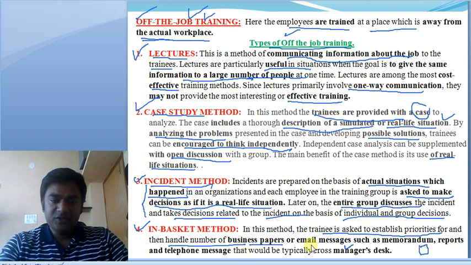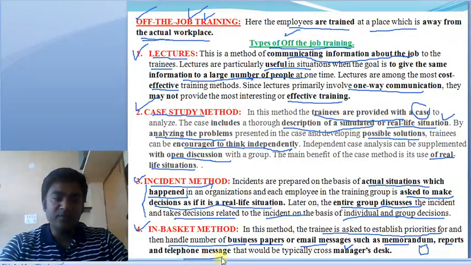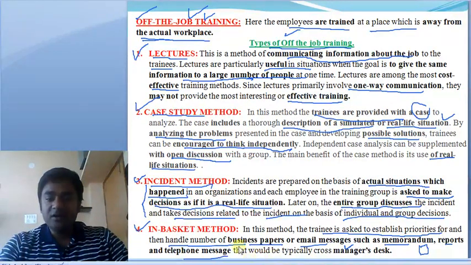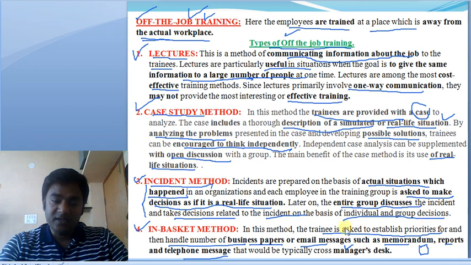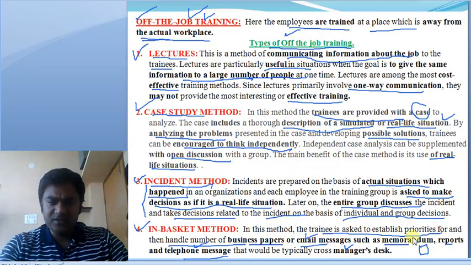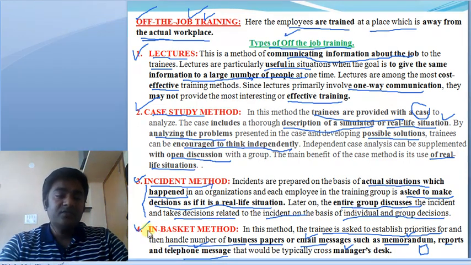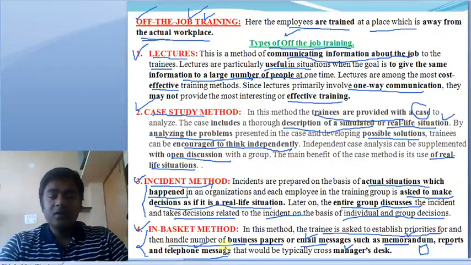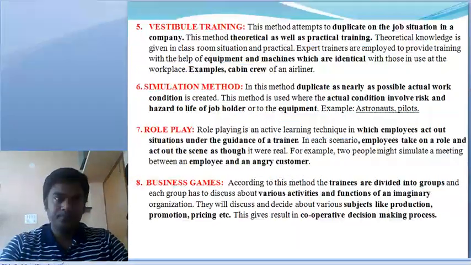There the business papers, email messages, memorandums, reports, and telephone messages are given to the trainee. The trainee has to prioritize whether he should answer the telephone, or reply to the email message, or go through the memorandum. In this way training can be given.